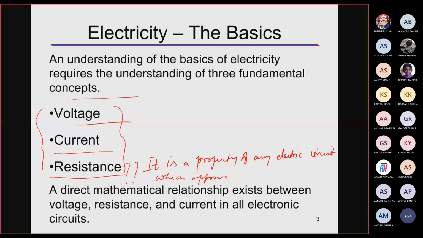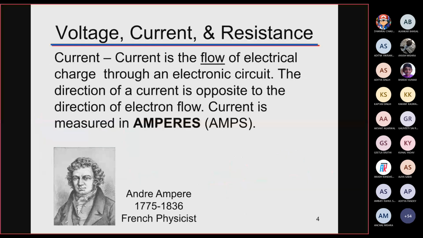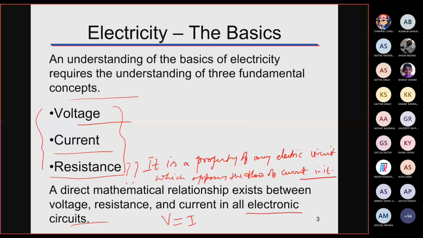That is actually the hindrance, what you just said. So there exists a mathematical relationship between voltage, resistance and current in all electrical and electronic circuits, right? You know that, you can explain it through V = IR, right? Now, what is this relationship? We will see later how it comes and which law defines this relationship.